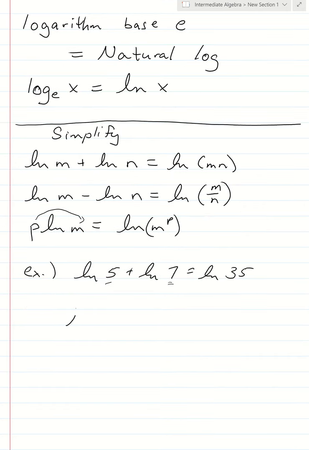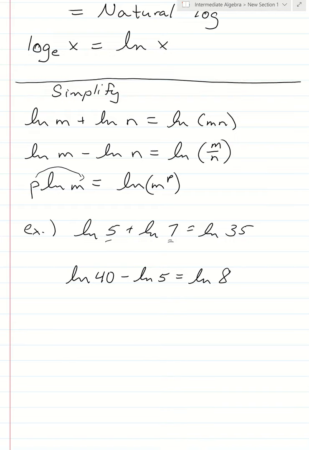If we had the natural log of 40 minus the natural log of 5, that would equal the natural log of 40 divided by 5, which would give us the natural log of 8. That would be your simplified natural log term.